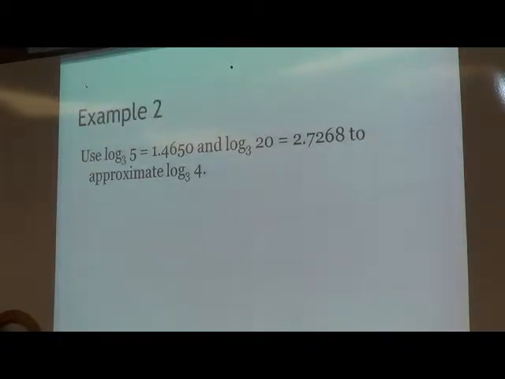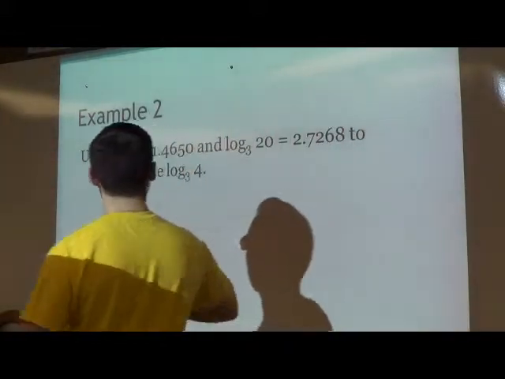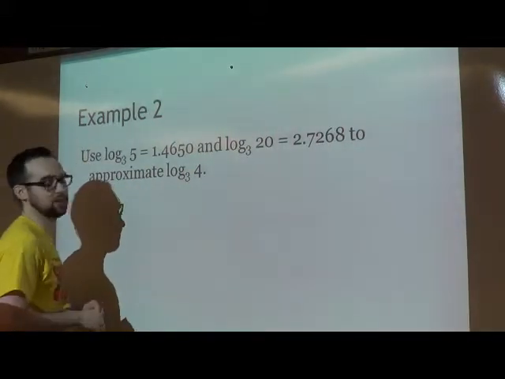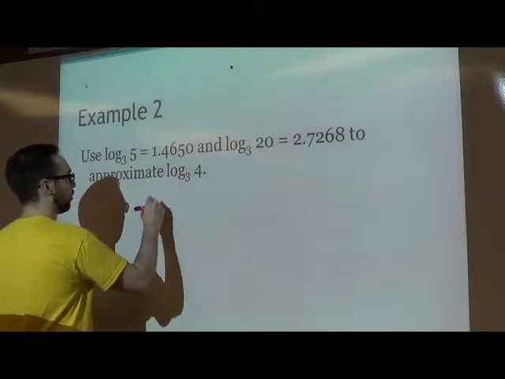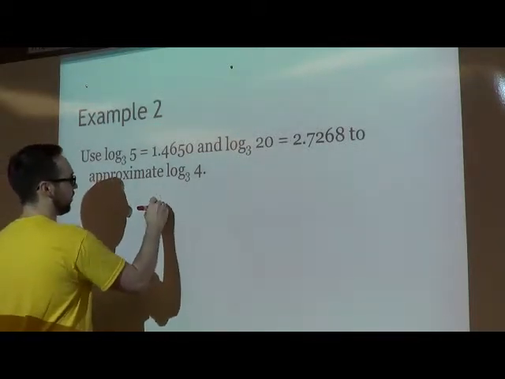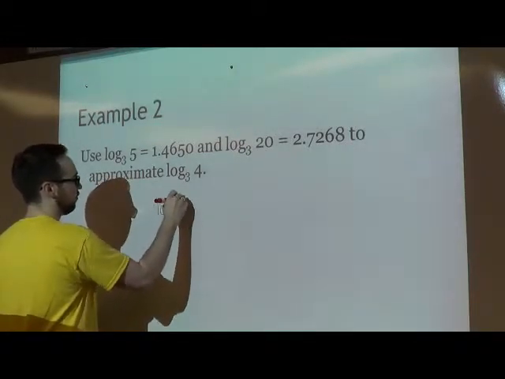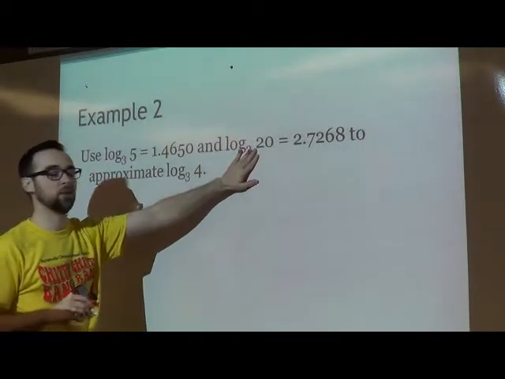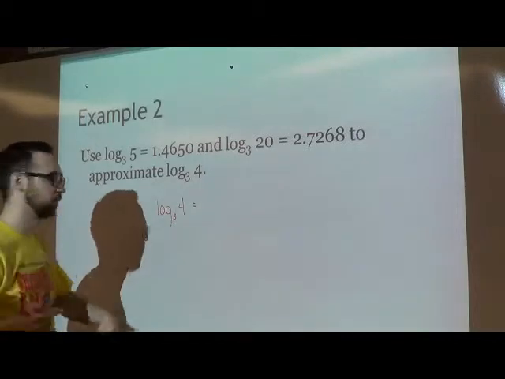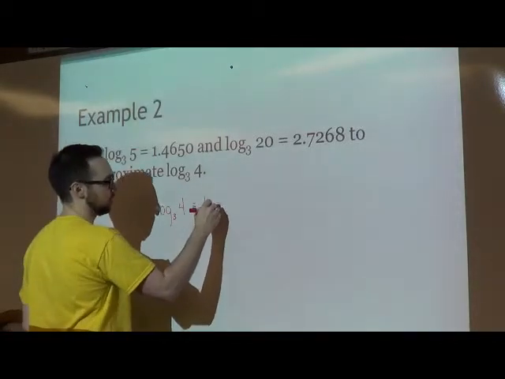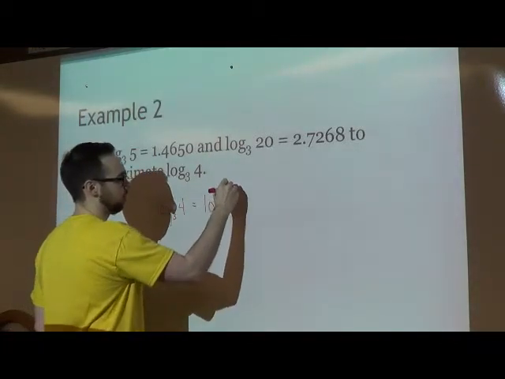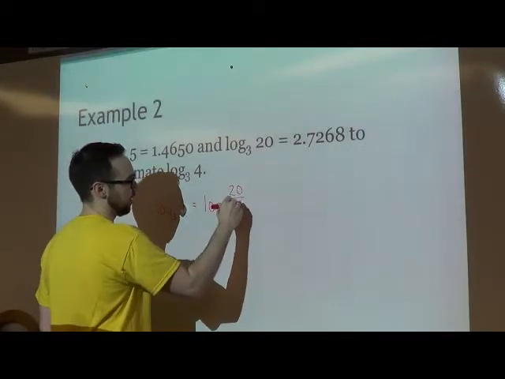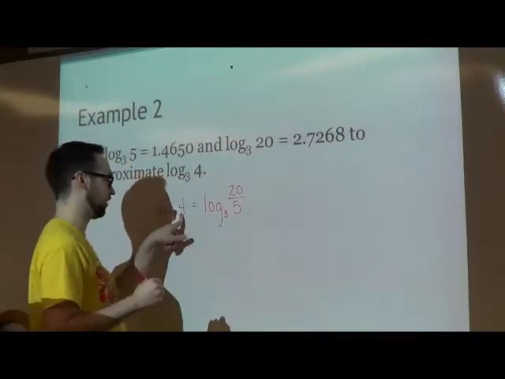Again, this time they give us two different ones. And we want to approximate log base 3 of 4. Well, how can I write this? They give us information for 5 and 20. So this might be pretty obvious how you can get to 4. That's going to be the log base 3 of 20 divided by 5, because 20 divided by 5 is 4.